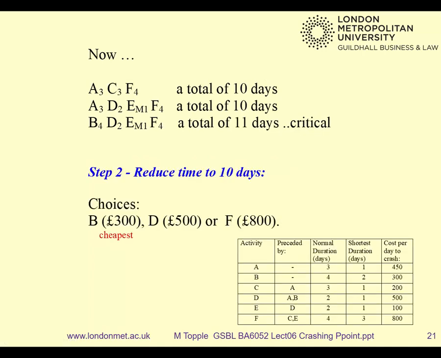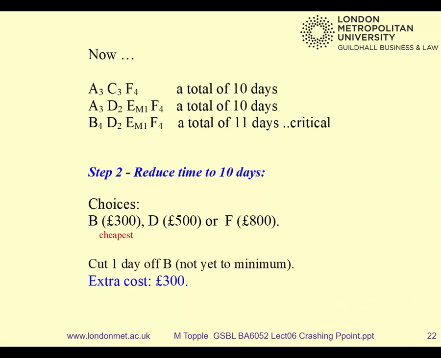So the options, B is the cheapest at £300, but we will not crash it by 2 days, we will only crash it by 1 day, and then we'll end up with a new solution. So we spent £100 with E, and now we're going to spend £300 with B, and we'll get this solution.